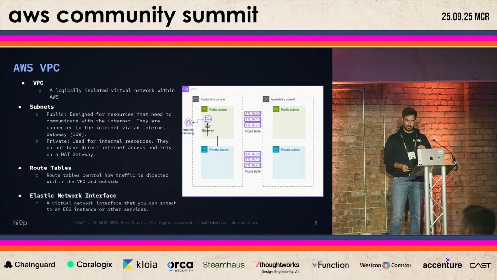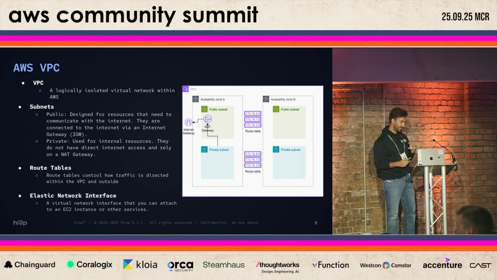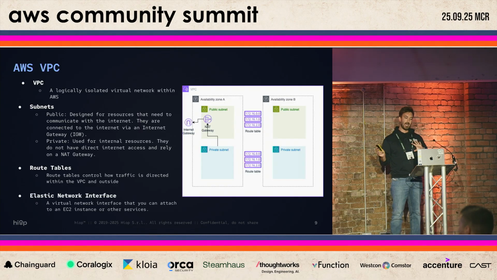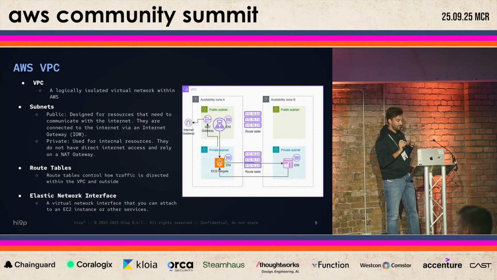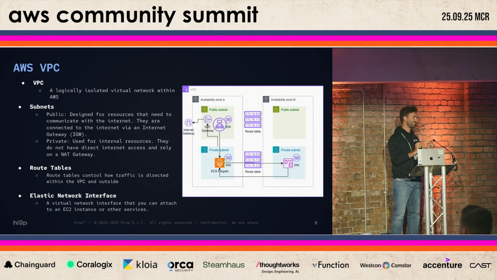The last important basic to mention is the ENI, the Elastic Network Interface. Basically, these are the interfaces that are connected to specific services in AWS and provide them with IP addresses, but in general, all the network information that a specific service needs to have networking and communication with other services.